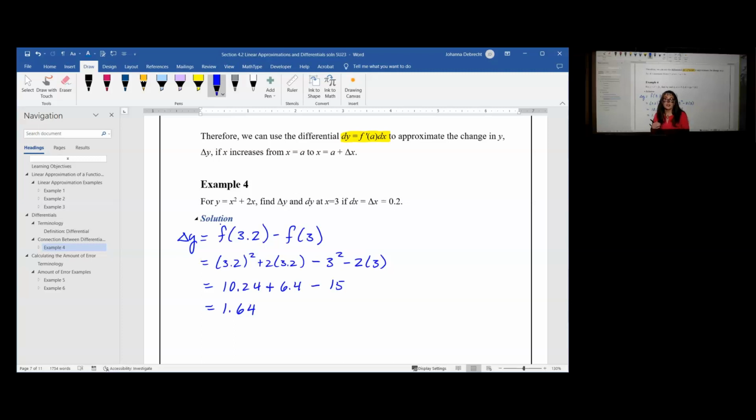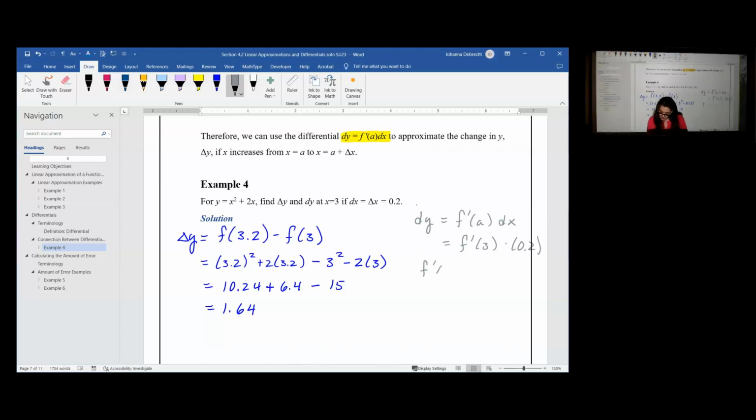Now we want to check the differential dy on the tangent line approximation. We want to see how close it came. In order to do that, you use the equation up here highlighted in yellow. We know that dy is equal to the derivative at that particular point times the change in the x value. Our change is 0.2 and a is 3. So we need to find the derivative at 3 and then multiply it by 0.2.